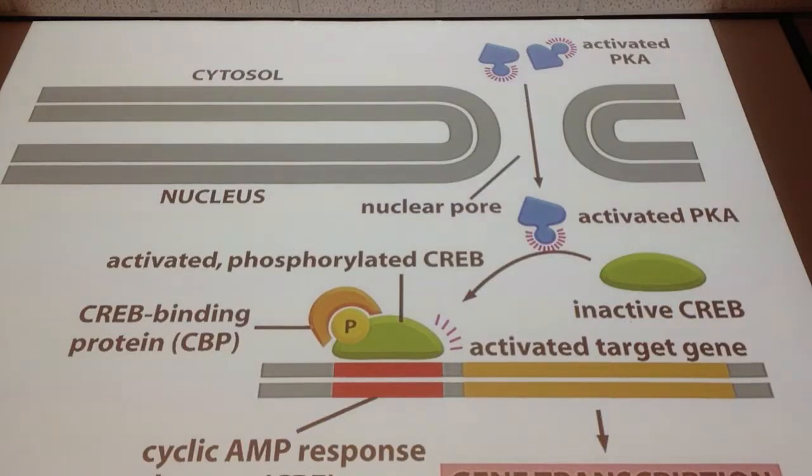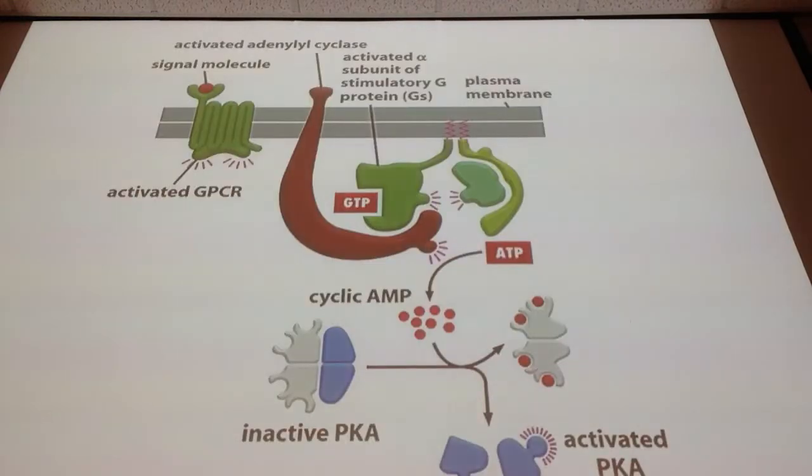Right. And so what are some of the bigger ideas about this? The bigger idea is that you have a signal transduction pathway. At this point right here is where amplification occurs. Adenylyl cyclase is going to convert a bunch of ATP into cyclic AMP.